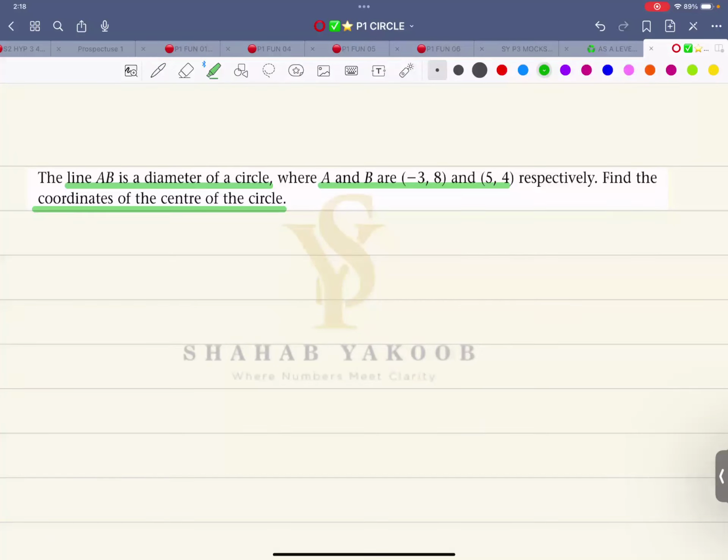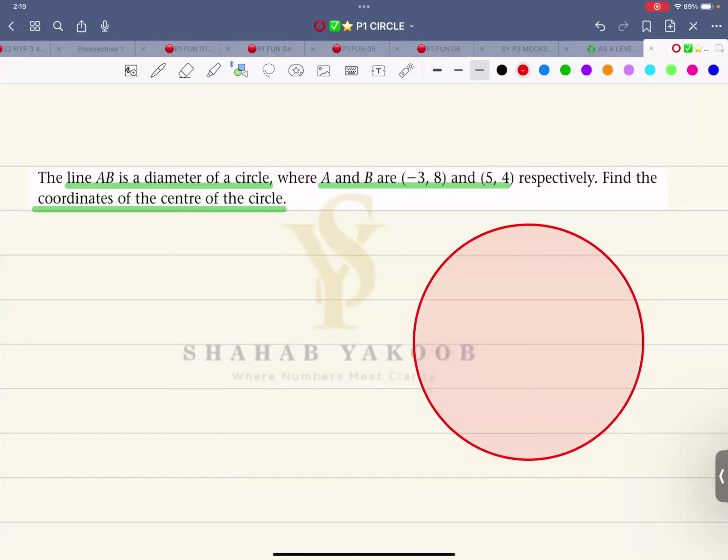So now this is just getting the idea that if I have a circle like this, and if I connect 2 points like this, this is just a rough diagram. Let's say this is A, let's say this is B, and it's the diameter.